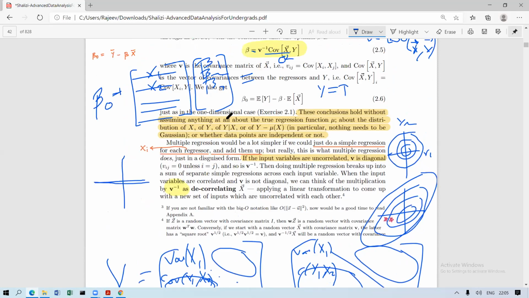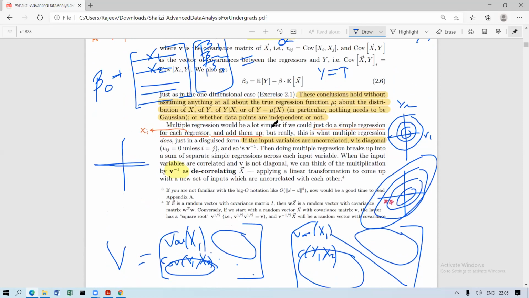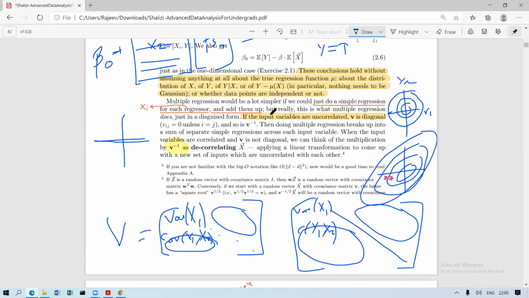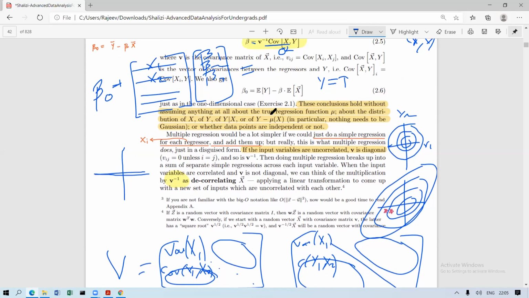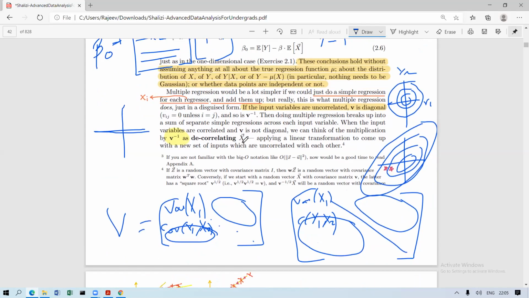And now, because they are correlated, you cannot individually do linear regression for each dimension. That's what he was trying to say here. It doesn't work if you first do the linear regression for x1, then for x2, because there are covariances between x1 and x2 that you can't neglect.